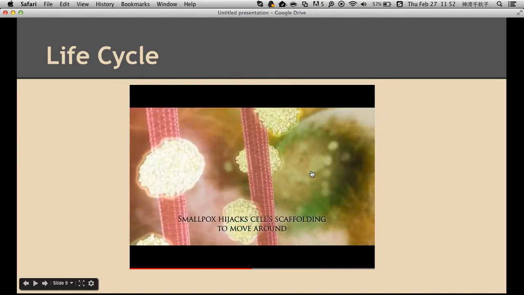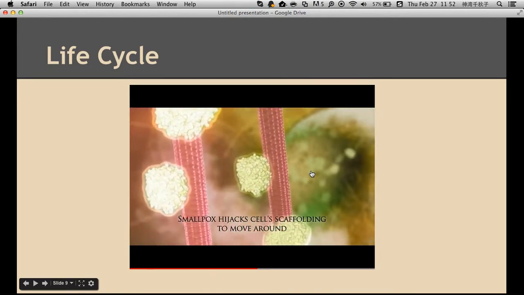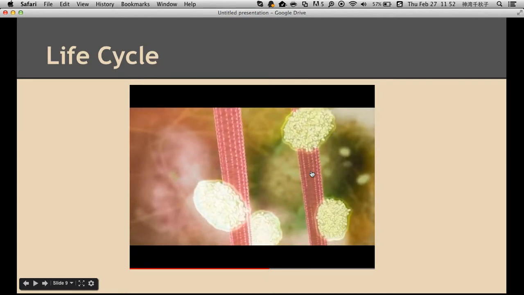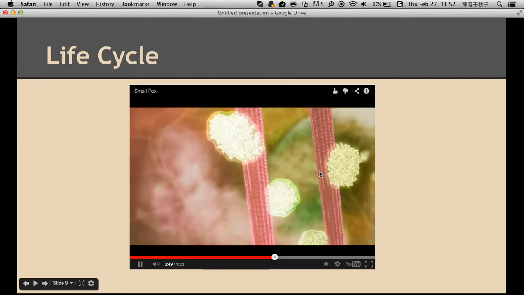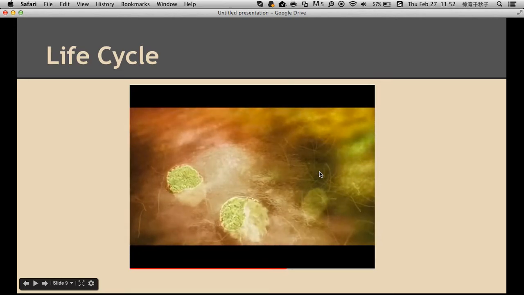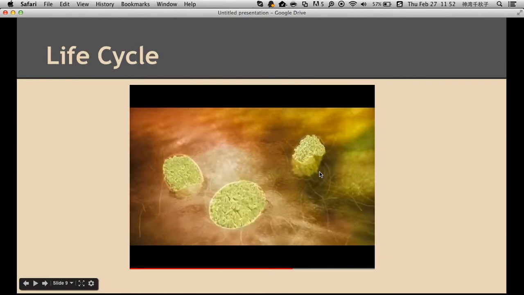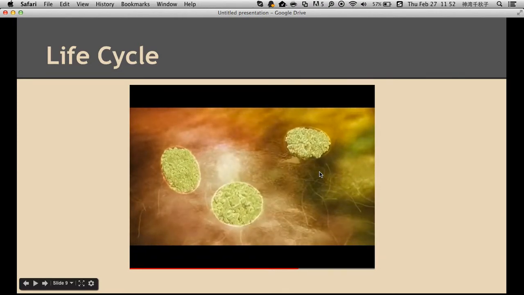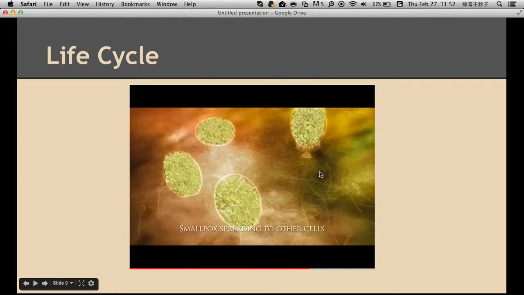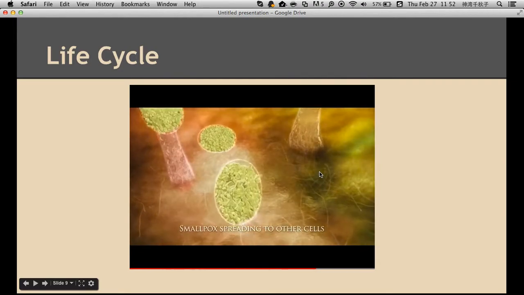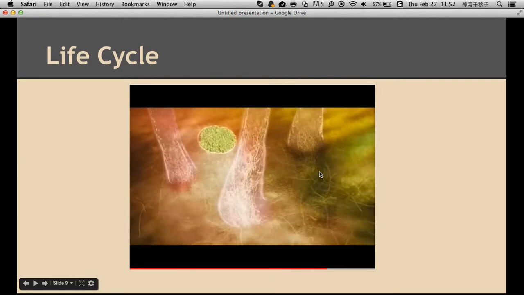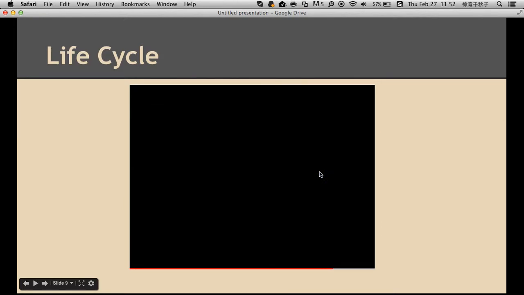The viral nucleic acid replicates using host cellular machinery. And finally, the new viral nucleic acids are packed into viral particles and released from the cell. The whole cell might be destroyed in the process.